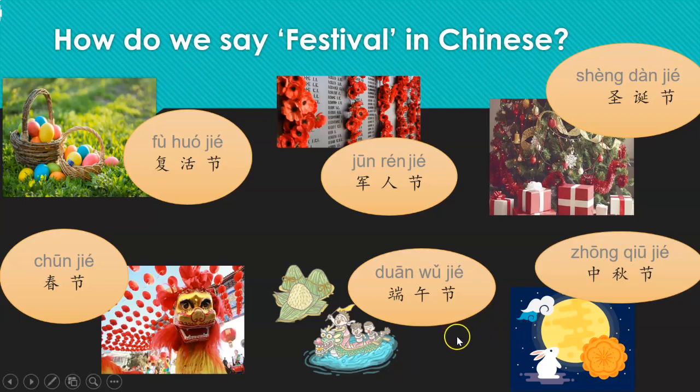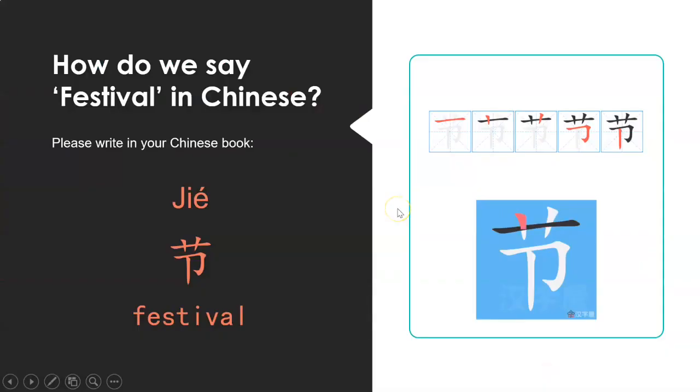So, very obviously, how we say festival in Chinese is this repetitive character here, okay? 节 is the character to say festival. J-I-E, 节, second tone, okay, and here's how we write it. You should have this in your Chinese book already, hey?